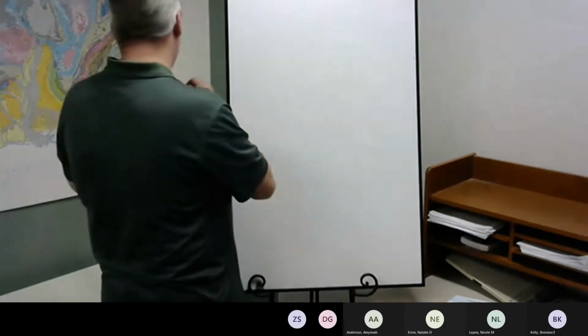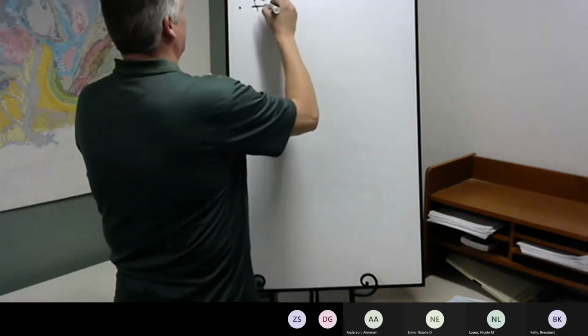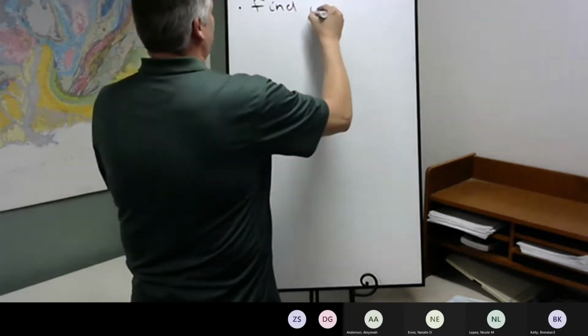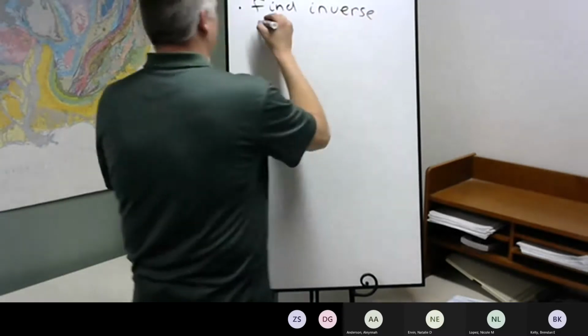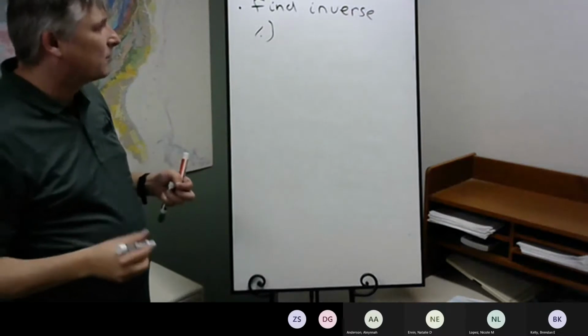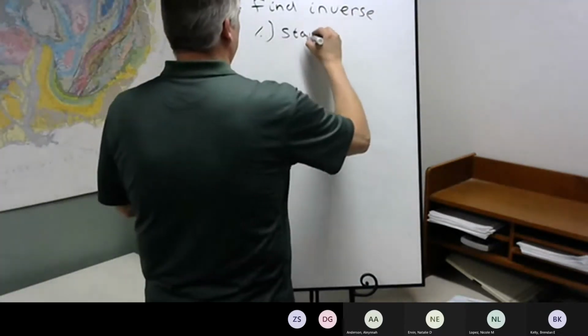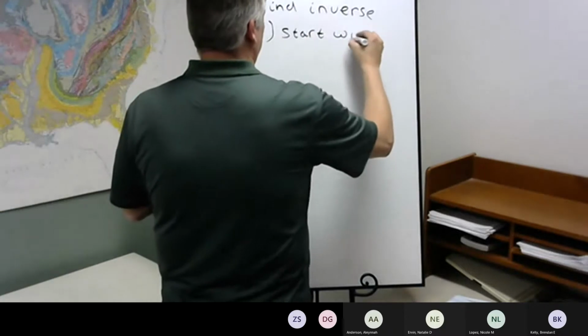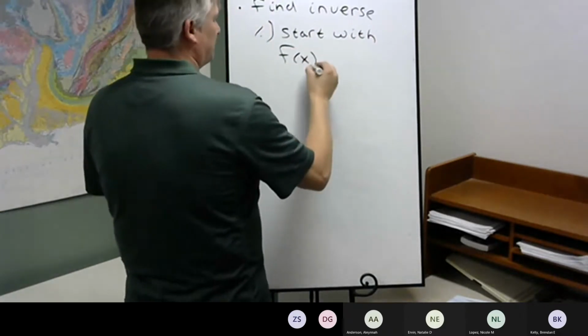So let's say this. To find an inverse, there's several steps. For one, let's say we start out. We usually give an f of x.